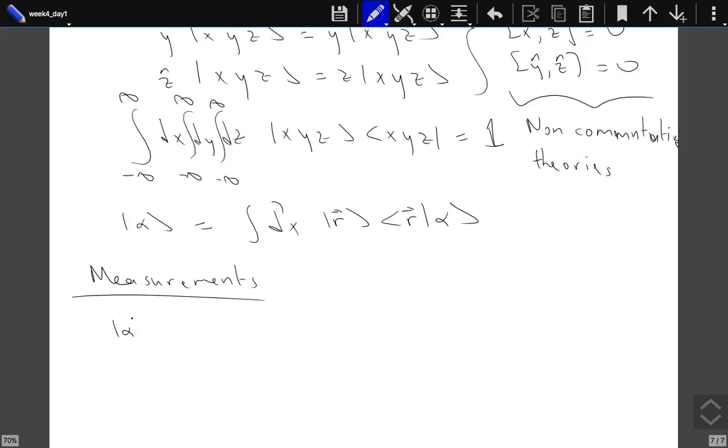So you start with this ket, let's say alpha, which we can write, in one dimension for simplicity, as the integral from minus infinity to infinity of dx |x><x|alpha>.